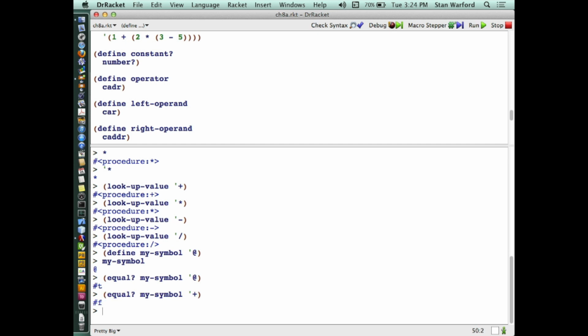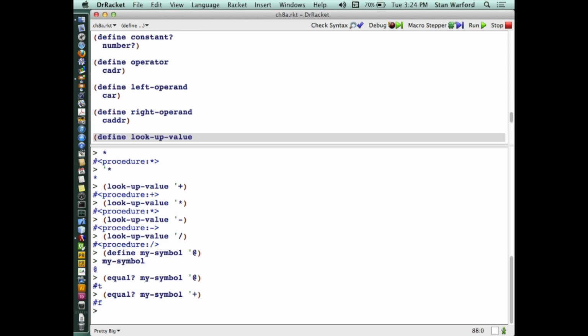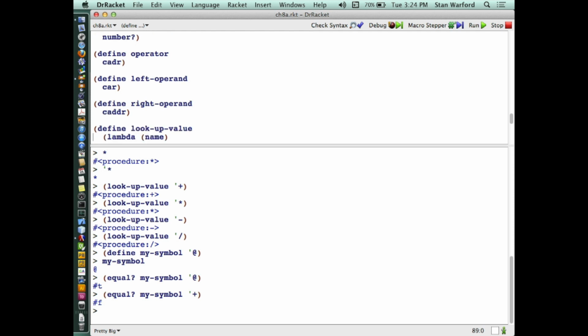So here's my question. Write lookup value. Now, how many parameters does lookup value have? One, yeah? It has one, and we'll call it name. Now, what do you suppose we should use here? Cond. Okay, and what will we check?